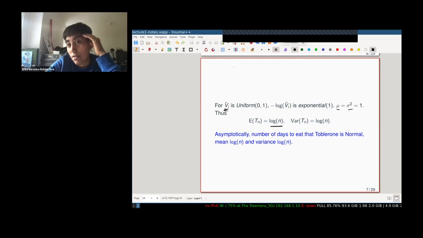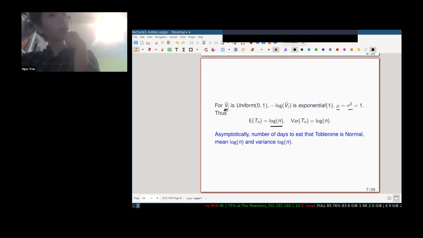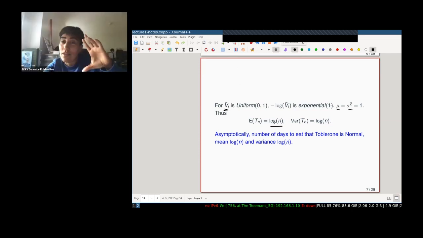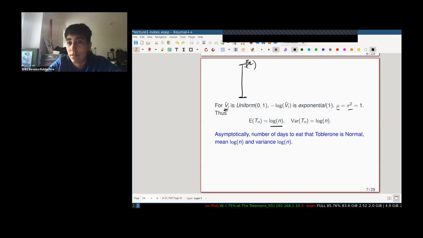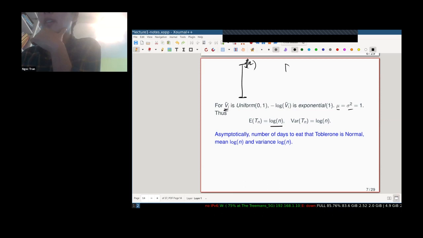So if the size is not n, but you could take some function of n, then you can use the same process approximation, right?